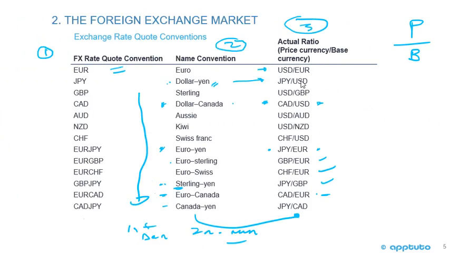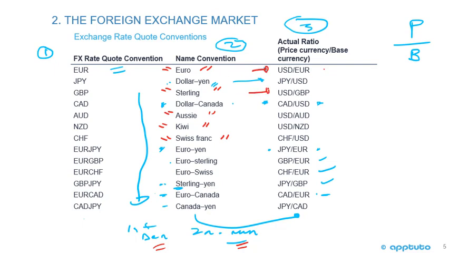And then the way to remember it for where there's only the naming convention where you only have one word, like the euro, or the sterling, or the Aussie, or the Kiwi, or the Swiss franc. So as I said, when you've got two currencies, the first one's always the denominator, the second one's the numerator. And with the naming convention, when there's only one, like the euro, or the sterling, or the Aussie, or the Kiwi, or the Swiss franc, you can see here that for the euro, the numerator is always the US dollar, and the currency is the denominator.